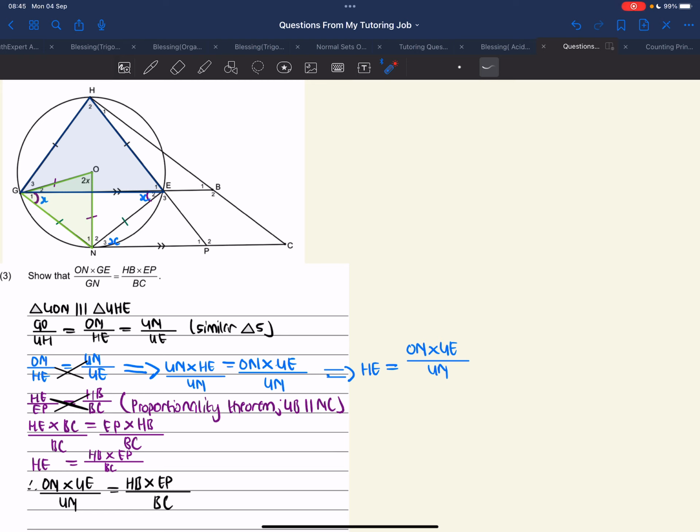From there onwards, it was just rearranging HE from the two proportions, and you should have an answer similar to the one at the end of the question.